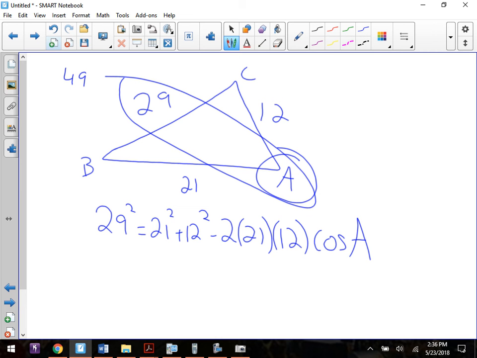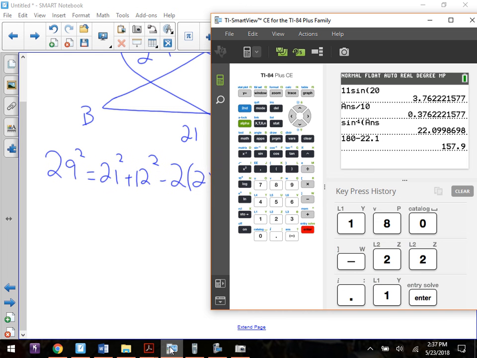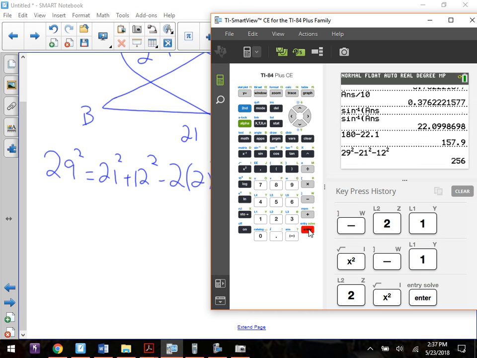Finding A, you do inverse of cosine. Yes, sir. I'll walk you through it. So let's see here. If we go 29 squared, subtract 21 squared, subtract 12 squared, hit enter.